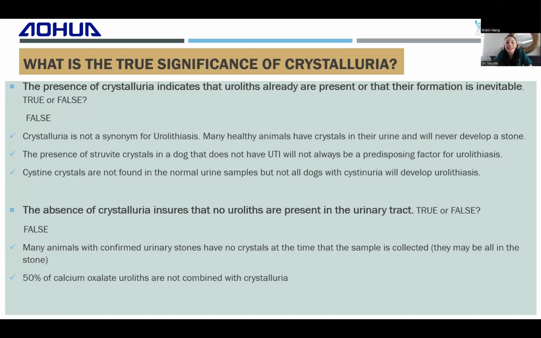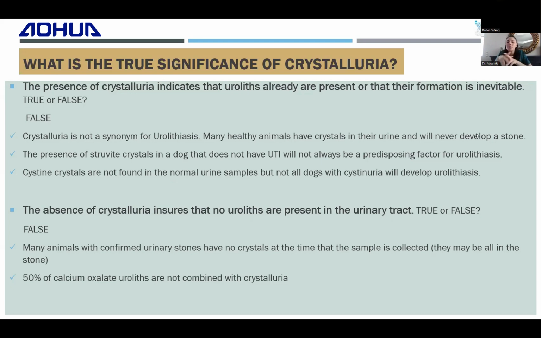Let's talk about some statements and see if they're true or false. So the statement: the presence of crystalluria indicates that uroliths already are present or that their formation is inevitable. I already have the answer here, but what would you answer?